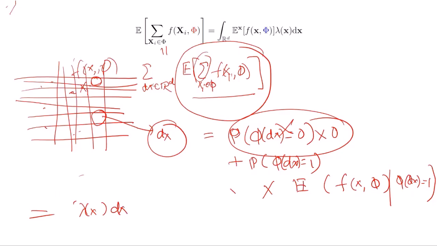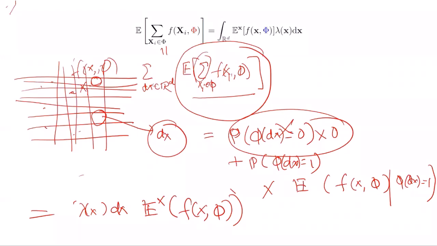Notice that this is the expectation of f(x,Φ) conditioned on there being a point at x. This is only for a small set dx.